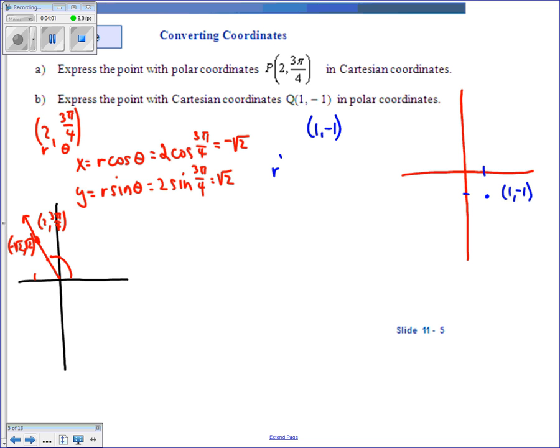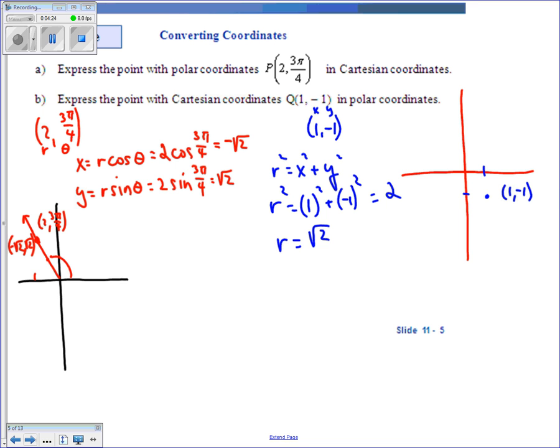I know r squared is the x squared plus the y squared. And my x was 1 and my y is negative 1. So that's going to be 1 squared plus negative 1 squared. So that's just going to end up being 2. That's r squared, so that means the r will be the square root of 2. And you could use a positive or a negative r. In general, we usually just use the positive one.